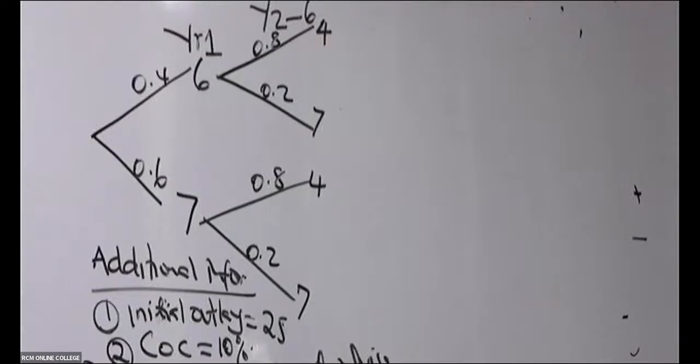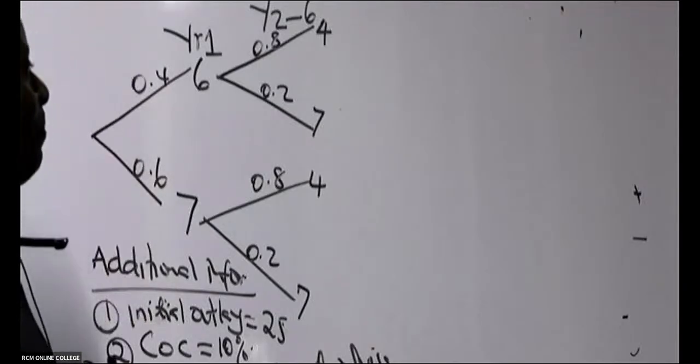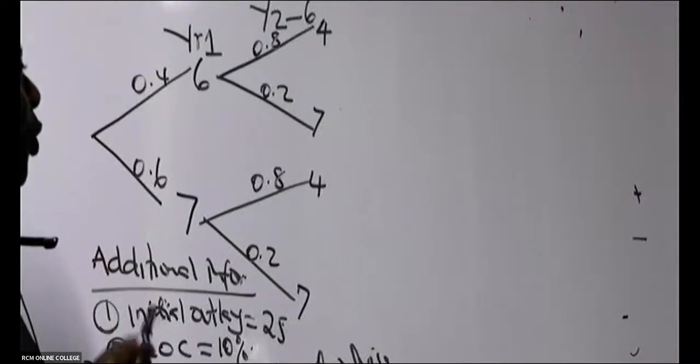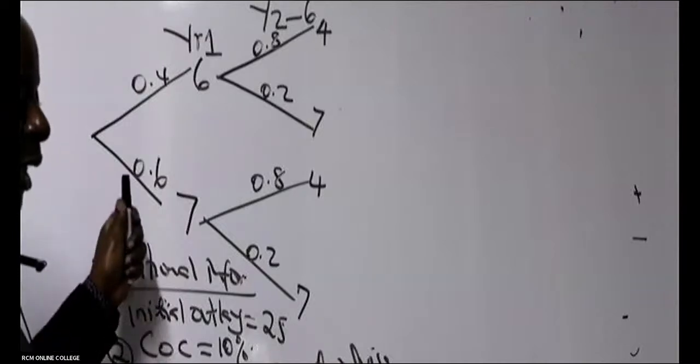So let me know once you are able to draw this, the way I've just captured it here. Remember, year 1, there are 2 possibilities. We either get a cash flow of 6 or a cash flow of 7.